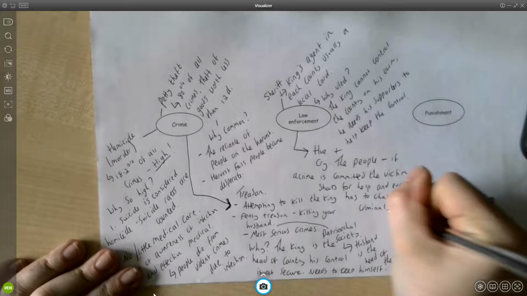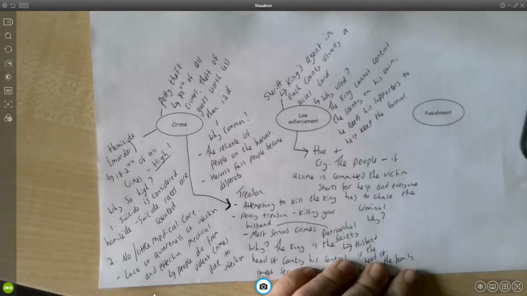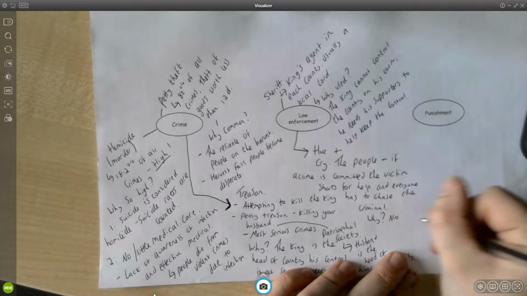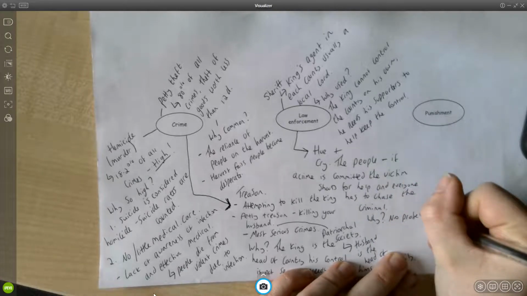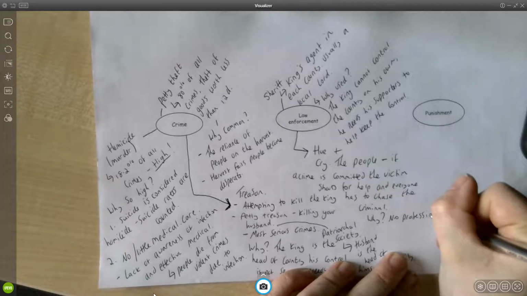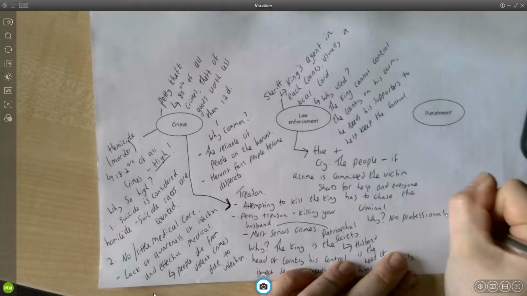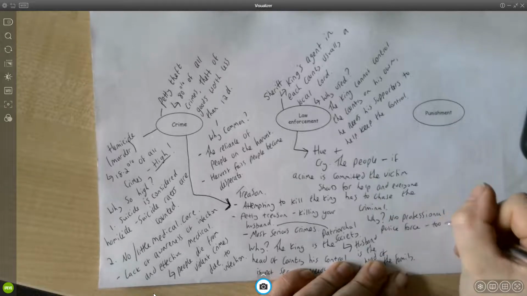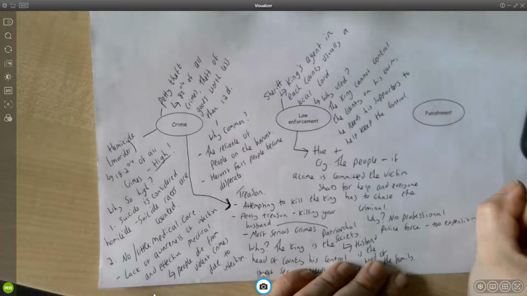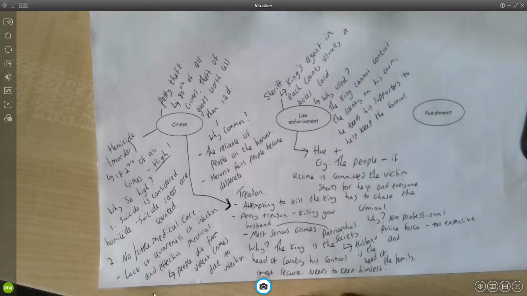Why do they use this method of law enforcement? Well, there's no professional police force because it's too expensive. And people live in very small local communities. So everybody knows each other.